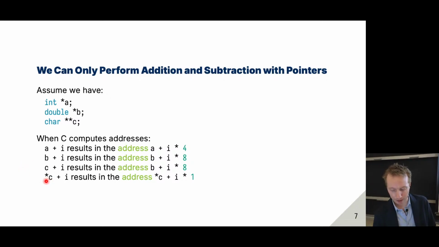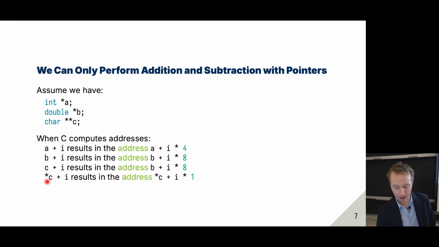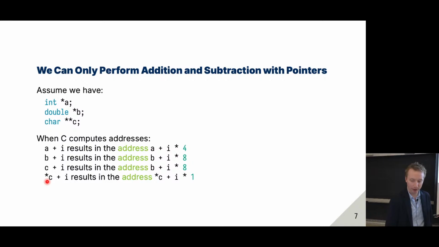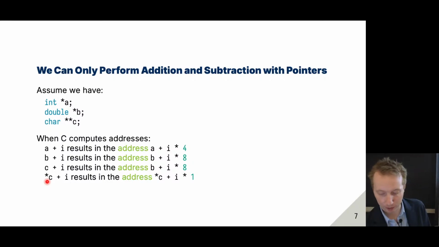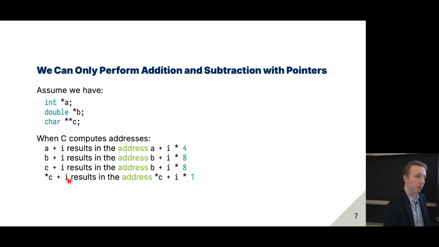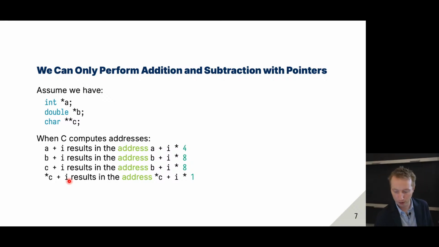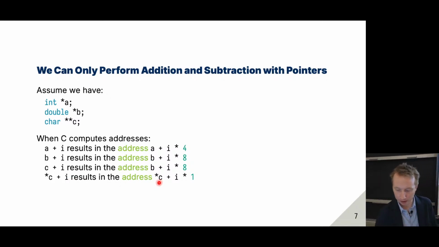If, however, we dereference it, the type of dereferencing c is just going to be a char pointer. So if we do a char pointer plus a number, it will move over the size of a char. So the resulting address will be whatever the value is at c, plus I, the index, times the size of a char, which is just 1.